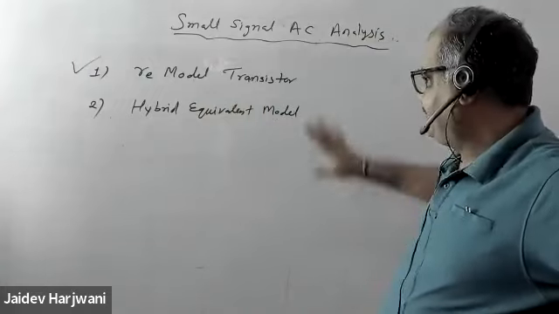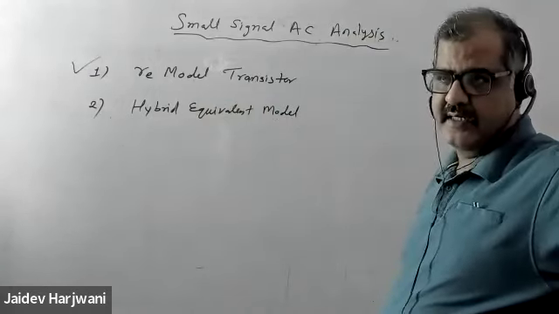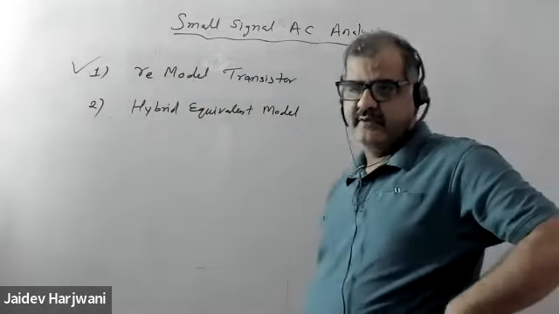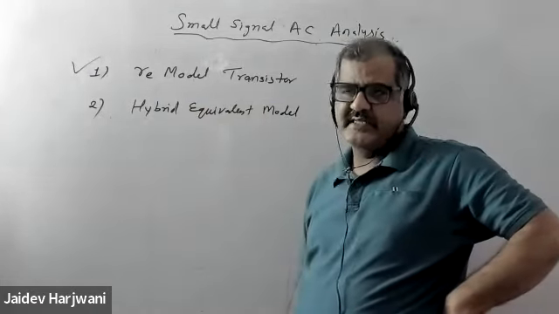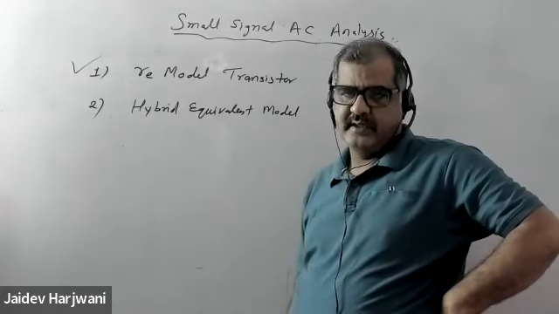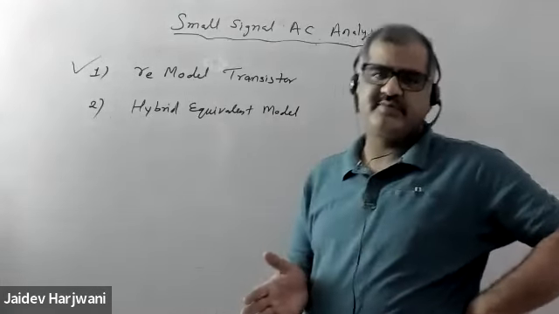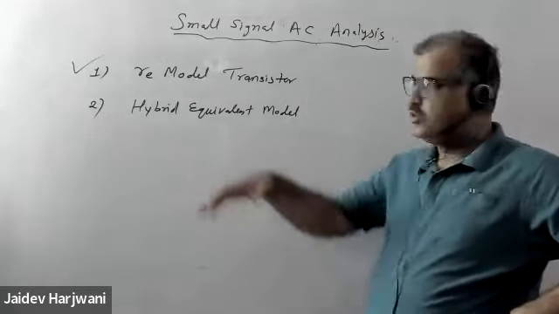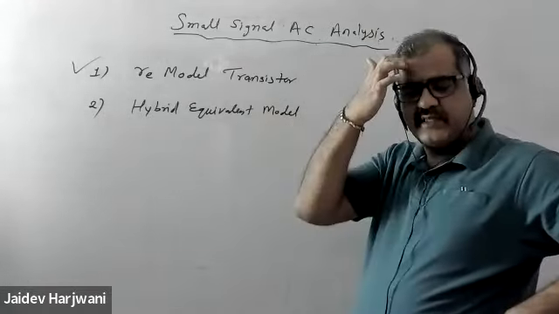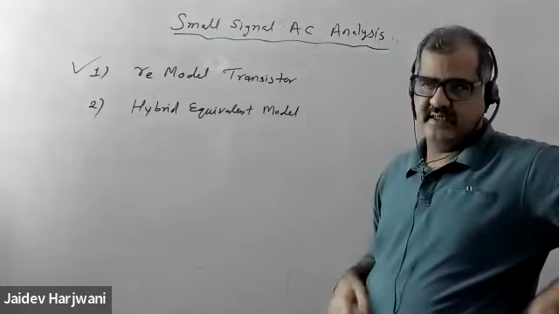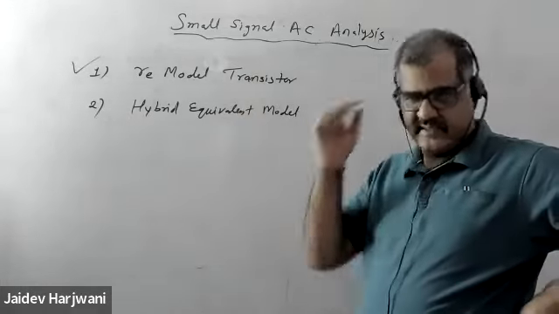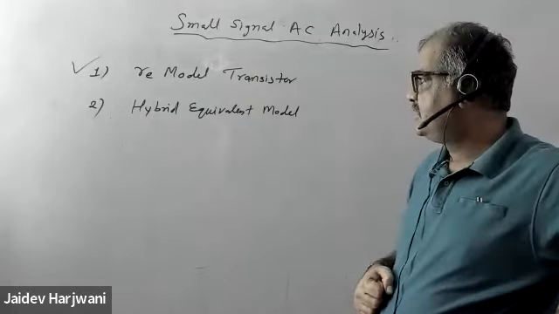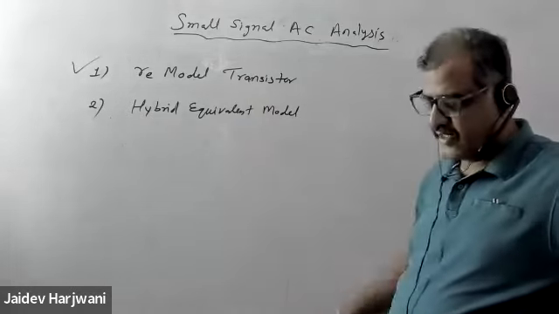Before I discuss this model: whenever you use a small signal AC source and you want to amplify it, the main use of a transistor is amplification. So whenever I want to amplify some signal, I have to replace the transistor, whether it is a common base or common emitter configuration transistor, by some equivalent model.